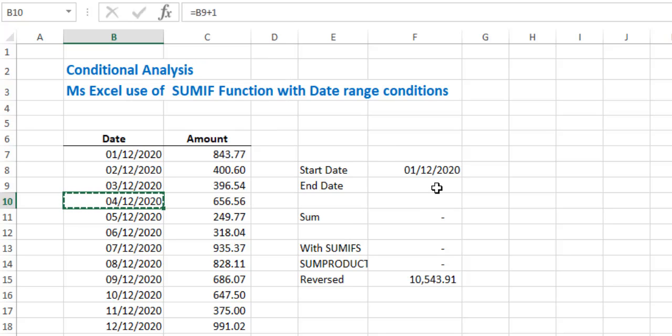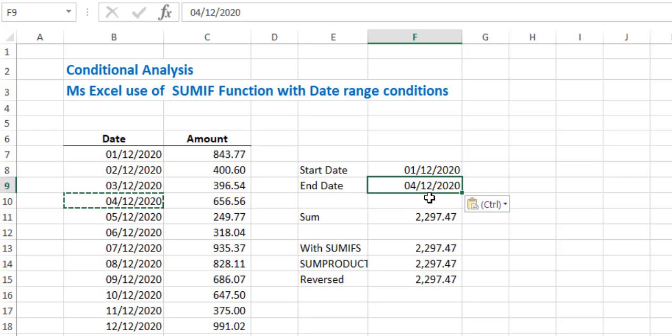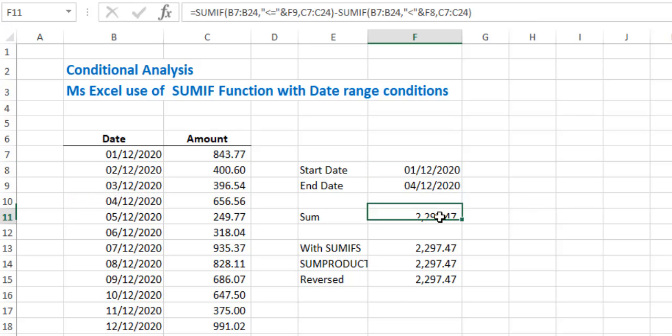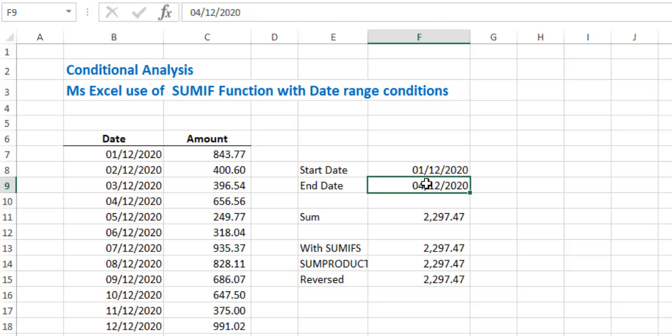Copy, paste, value only. So now we got the data from 1st December to 4 December. So far so good.